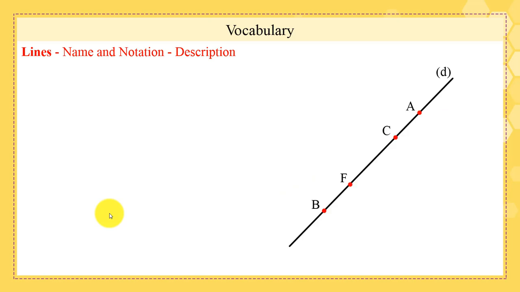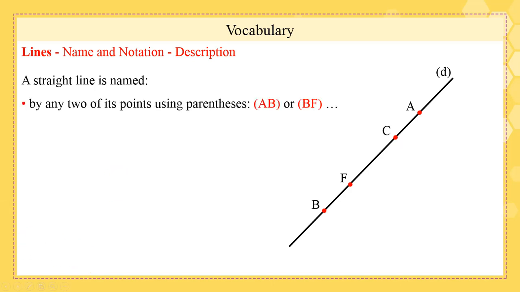Now, let's explain and describe lines. A straight line is a line that has no beginning and no ending. It goes forever in both directions. A straight line can be named in 2 ways. The first way, by any 2 of its points using parentheses.